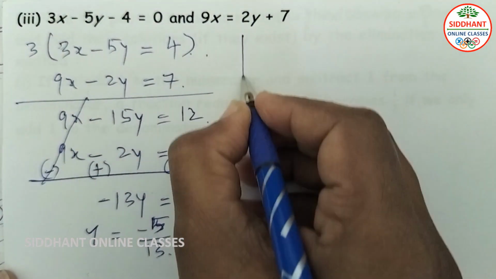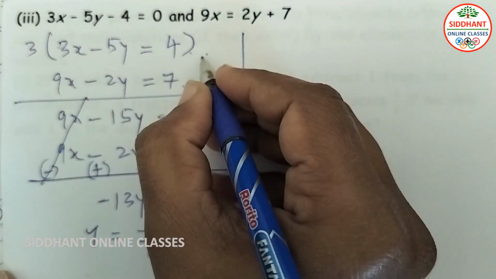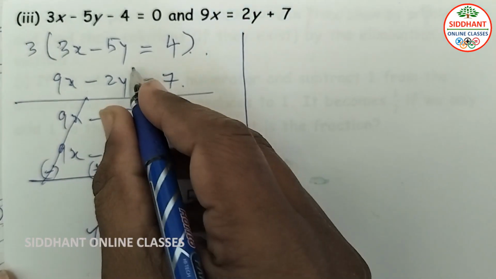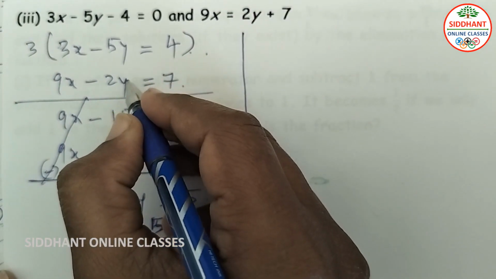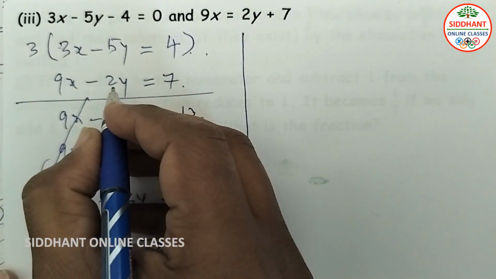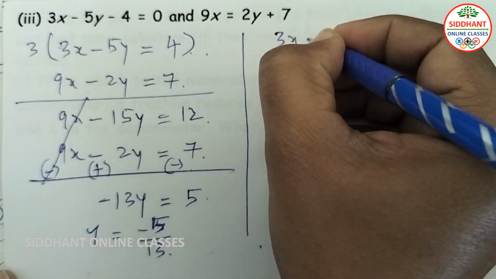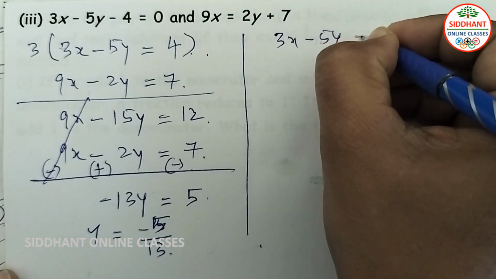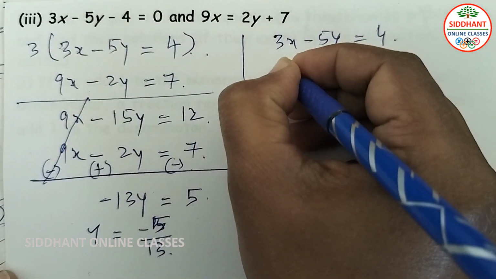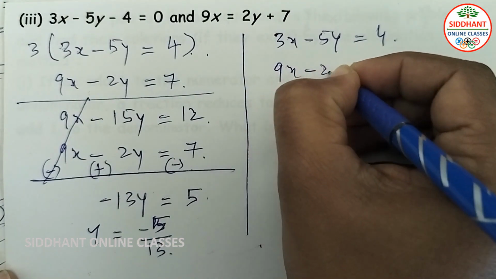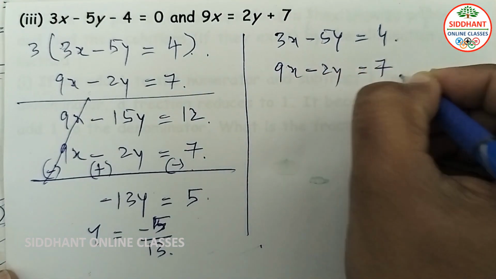So now the two equations, in order to cancel y: 3x minus 5y equals 4, and the second, 9x minus 2y equals 7.